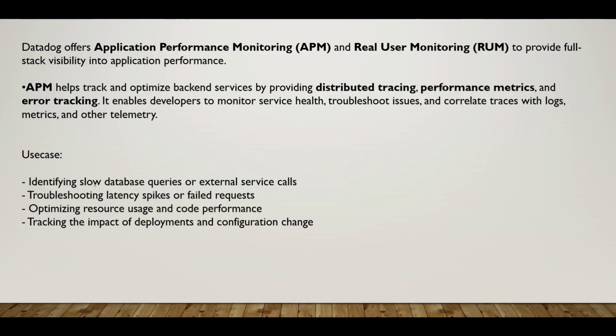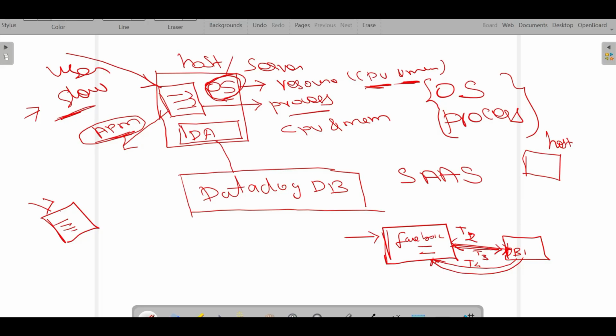So, identifying the slowness, and then troubleshooting latency spikes or failed requests. Sometimes what happens, if you have multiple servers, say Facebook will not have one database server, correct? Facebook will have 10 database servers because a high number of queries will come.